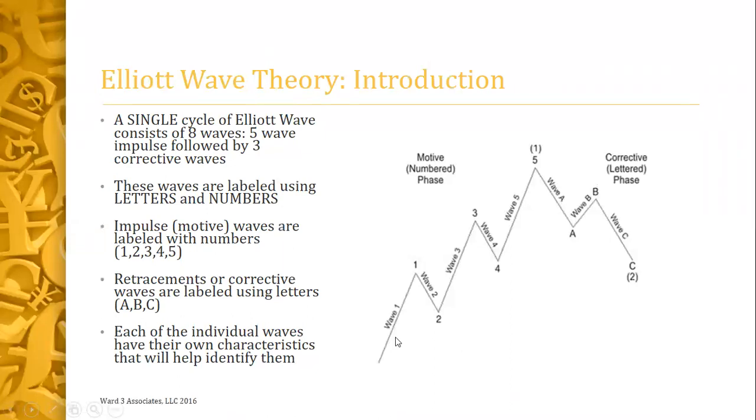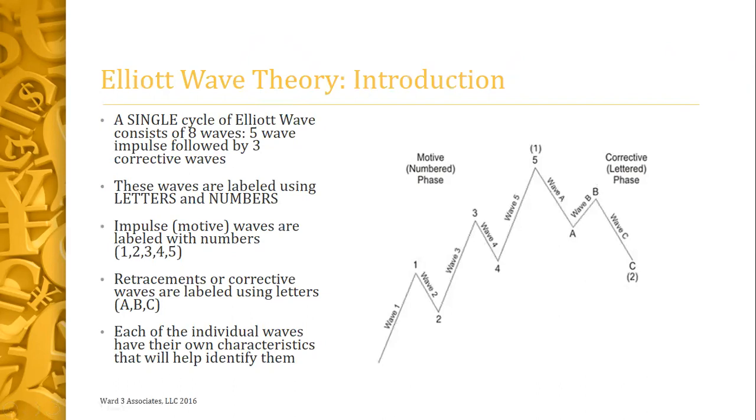Okay, those are your impulse waves, followed by 3 corrective waves. Wave A, wave B, and wave C. The 5 plus the 3 make up one cycle in Elliott Wave. So when I'm referring to, depending on where the cycle is, quote unquote cycle, this is what I'm referring to basically.